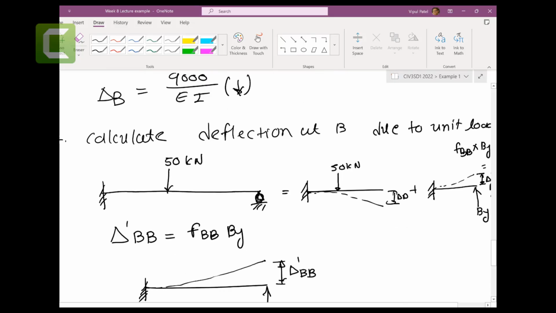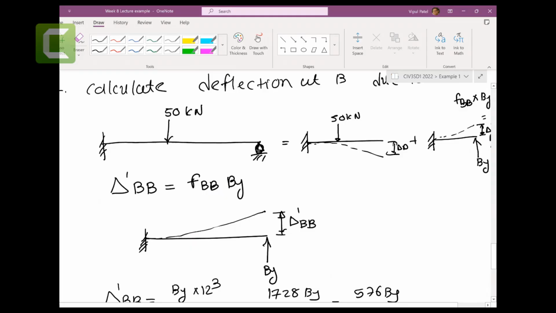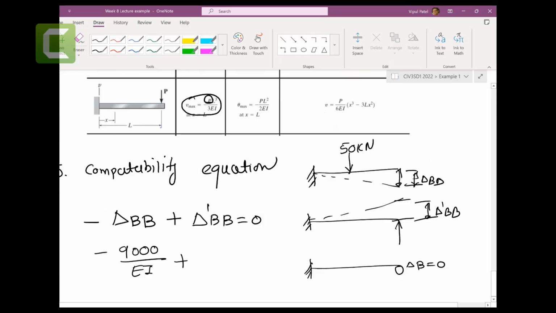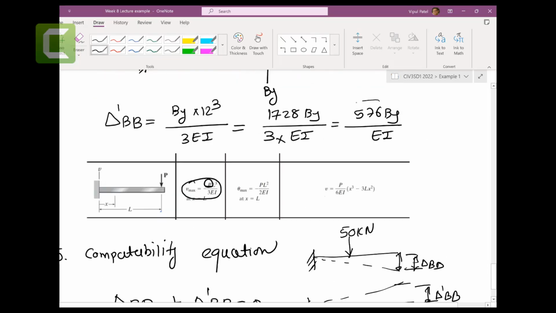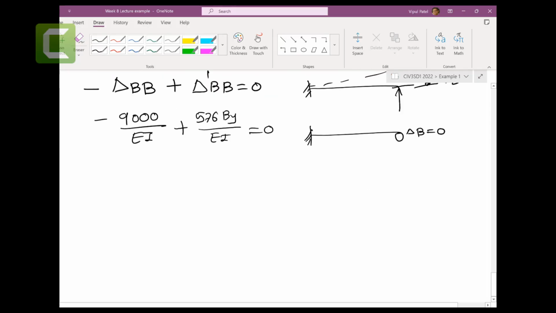Let's plug in the values. Delta BB is 9,000 over EI, minus 9,000 over EI, plus delta BB dash, 576 By on EI, equal to 0. EI is constant, so we can take it to the other side and multiply by 0.